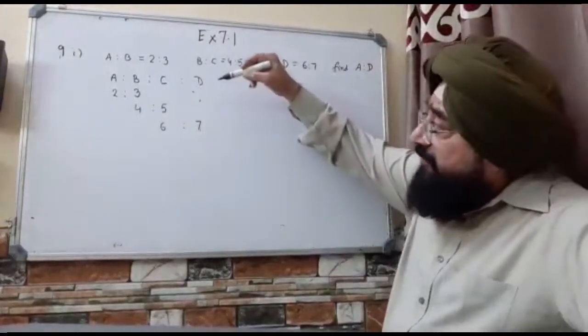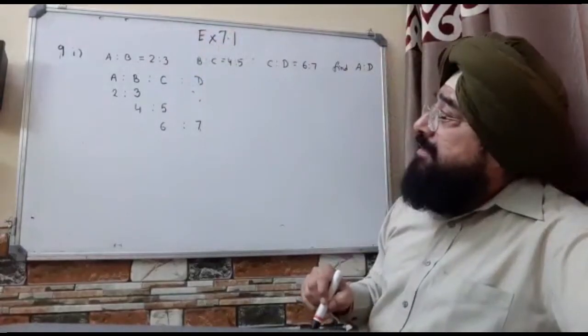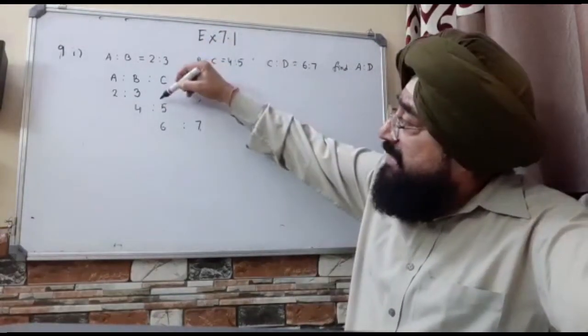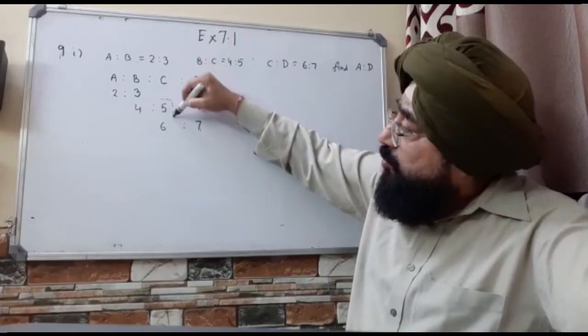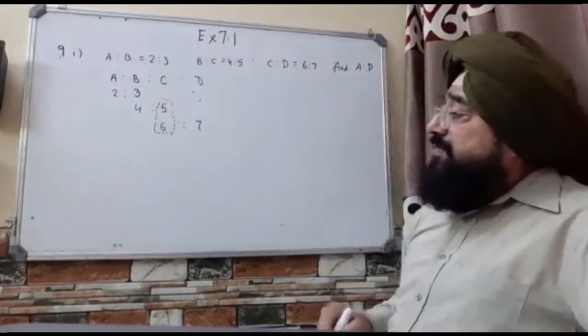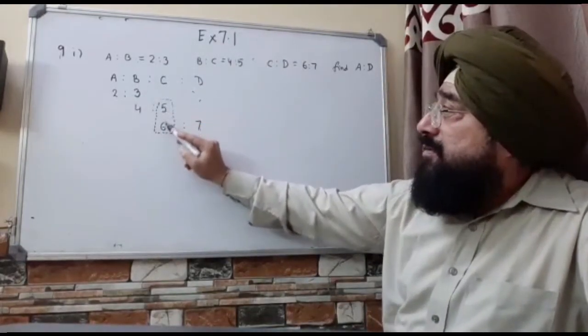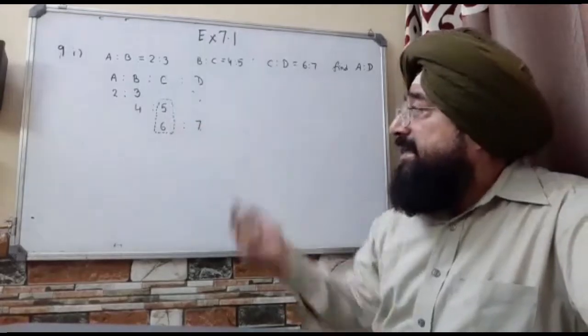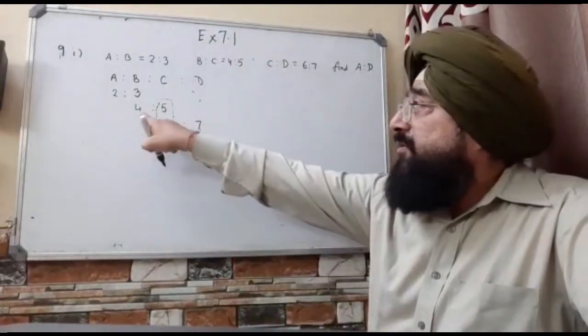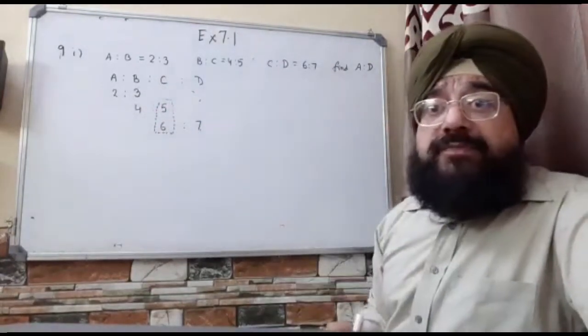So, if at all I can relate B with D, it is that if I somehow make these two common terms the same, whatever number comes here will be the ratio B is to D.